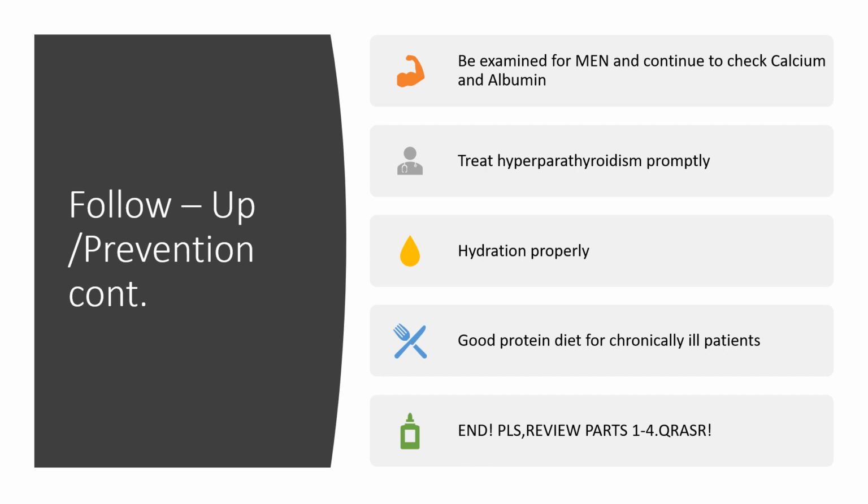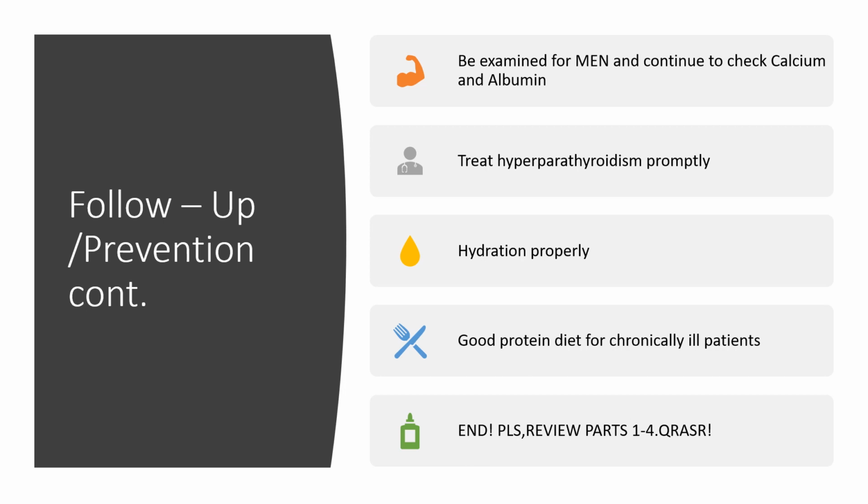Still on follow-up and possible preventive measures, the individual already diagnosed with hypercalcemia should be examined for multiple endocrine neoplasia, particularly multiple endocrine neoplasia 1 and 2A. And we have to continue checking the calcium and albumin level.